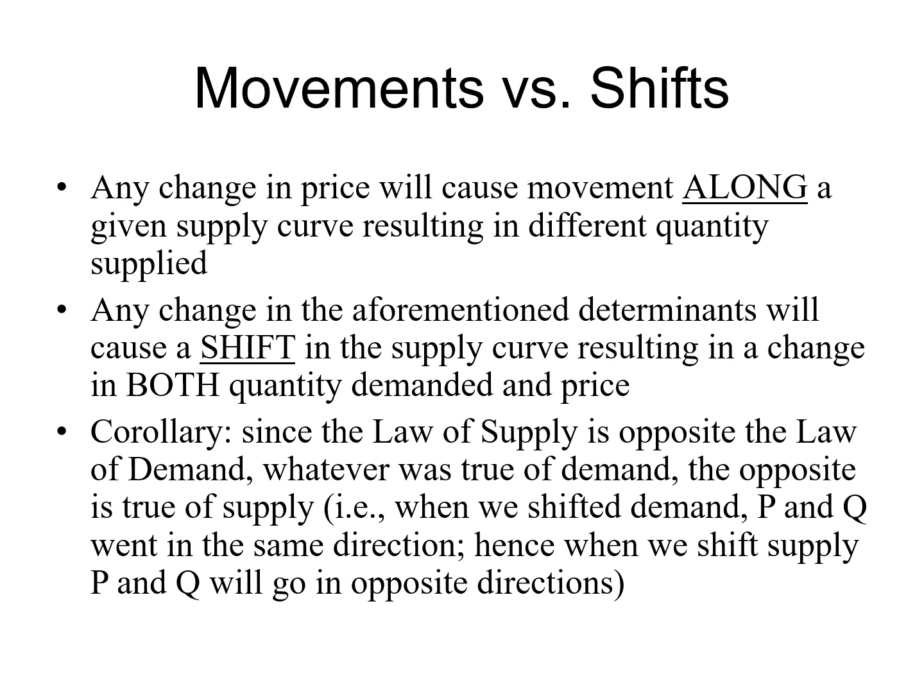The shifts that we previously discussed in 1.2 on demand, that shifts the curve entirely. That changes the position. Okay? And you see here this corollary, what I mentioned at the beginning, is that since the law of supply is opposite of the law of demand, whatever was true of demand, the opposite is true of supply. For example, when we shift demand, the price and quantity go in the same direction.